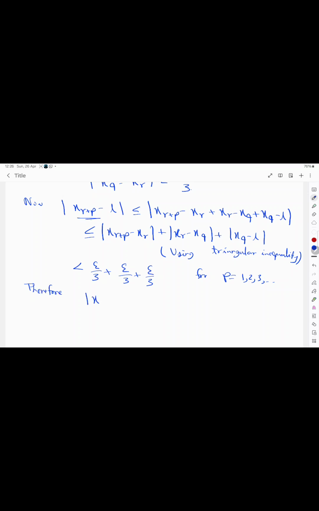Therefore you see this r plus p you can treat as some new variable, right? So you can say xn minus, so this is your epsilon, right? So you can choose your n like r plus 1, right?